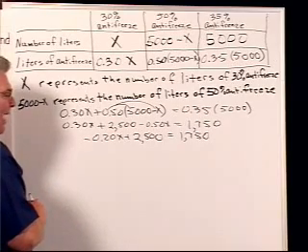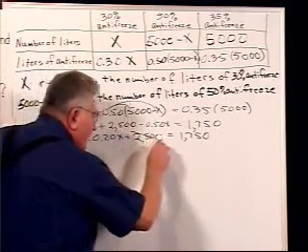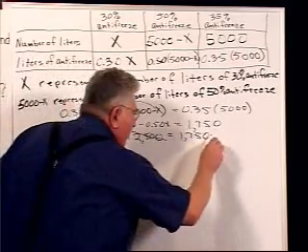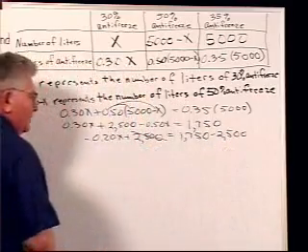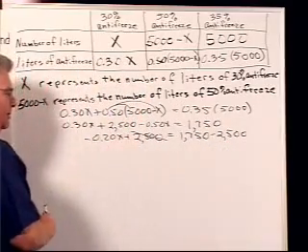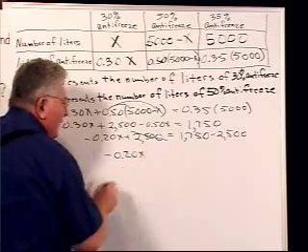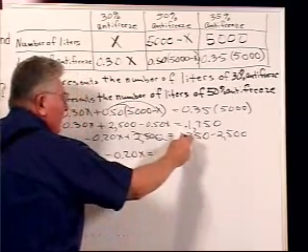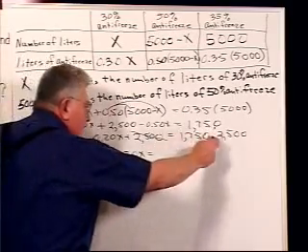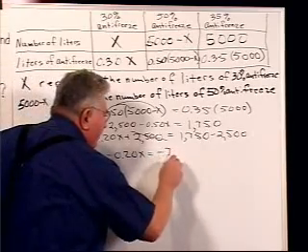I am going to subtract 2,500 from both sides. Remember doing that. That'll become 0 here, leaving me the negative 20 hundredths x on this side. 1,750 minus 2,500 gives me a negative 750.